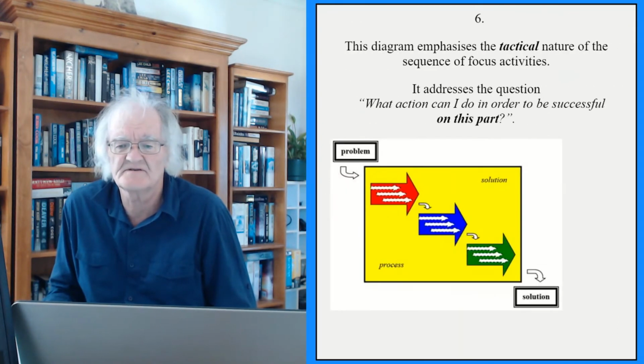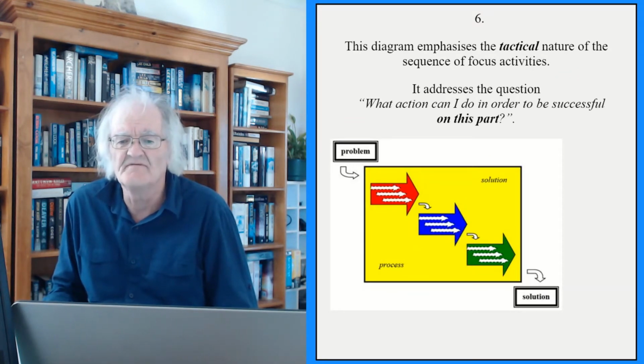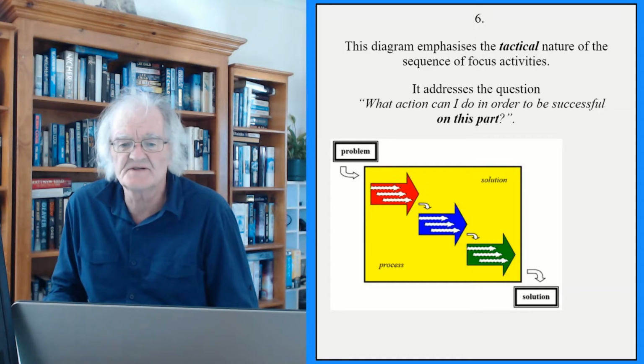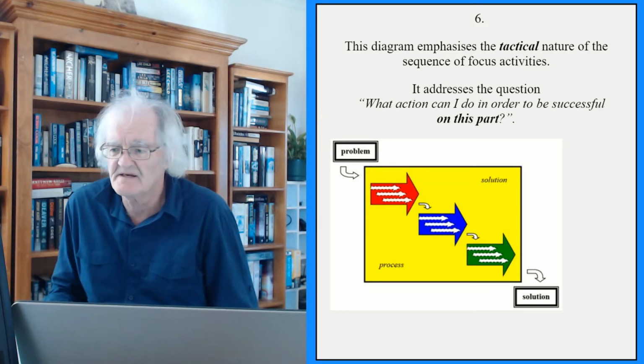Here's the first. This diagram emphasizes the tactical nature of the sequence of focus activities. It addresses the question, what action can I do in order to be successful on this part? So we have our original problem.